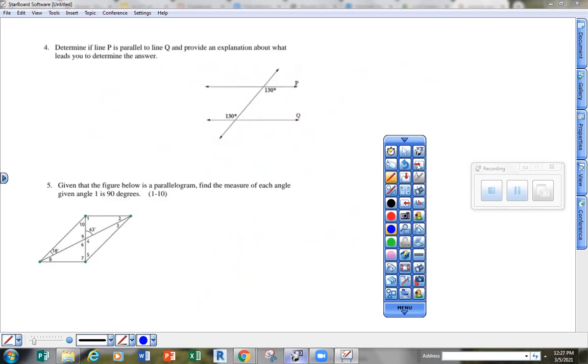For these, determine if P is parallel and provide an explanation. And then I could see P is parallel because this angle, which is this one, these are alternate interior, are equal.